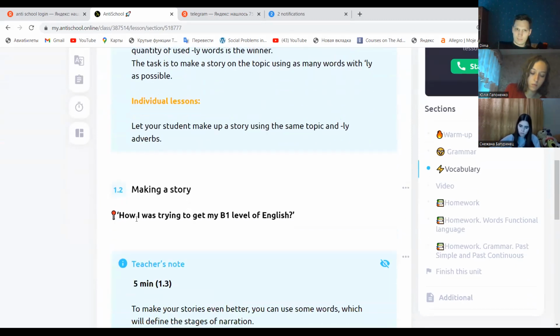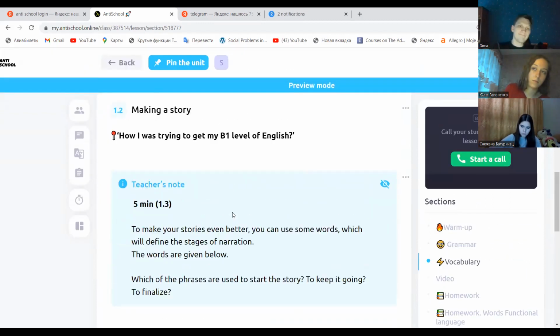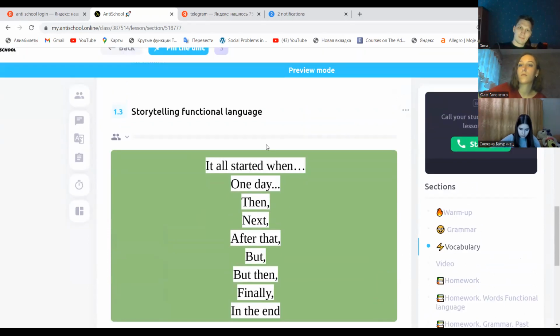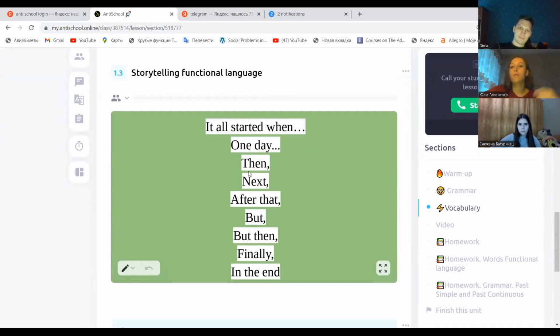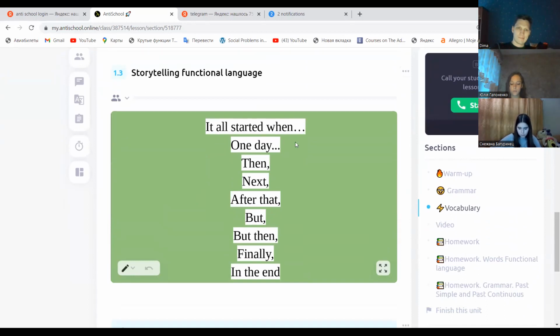Или же здесь у нас есть тема How I was trying to get my B1 level of English. Что вам лучше? And we also have a list of words to use when making stories. For example, it all started when, one day, then, next. То есть after that, finally. То есть слова, которые мы используем в начале истории, в середине истории, потом, когда мы заканчиваем, да?